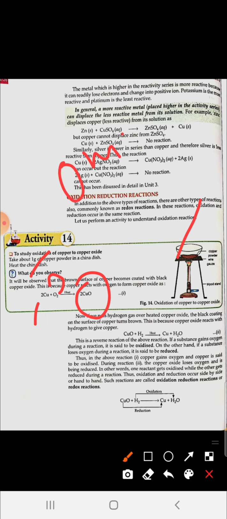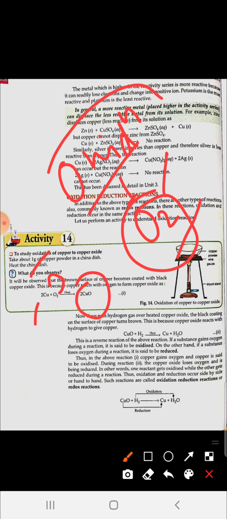So the definition of oxidation is when we add oxygen into any element or compound, that means we are doing oxidation of that particular compound. So oxidation is the addition of oxygen, or on the other side you can say the removal of hydrogen.